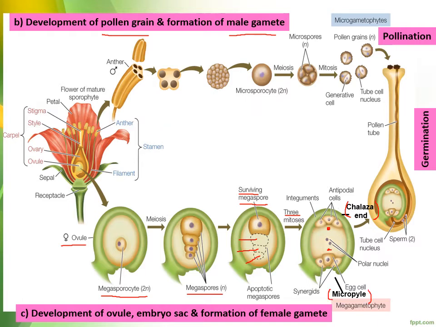And then 1 nucleus from the chalaza end and 1 nucleus from the micropyle will move towards the center of the embryo sac to produce a single diploid nucleus, which is called the polar nuclei. Okay, so let's erase this one here.